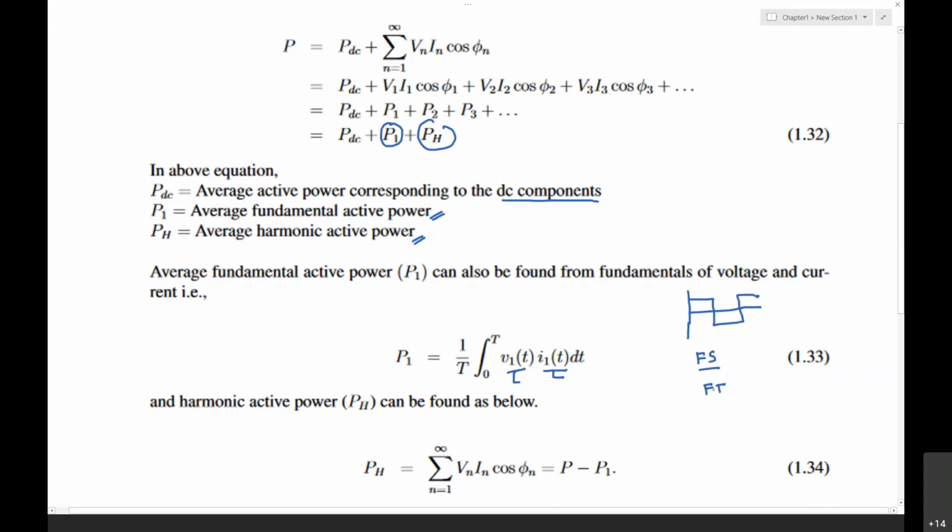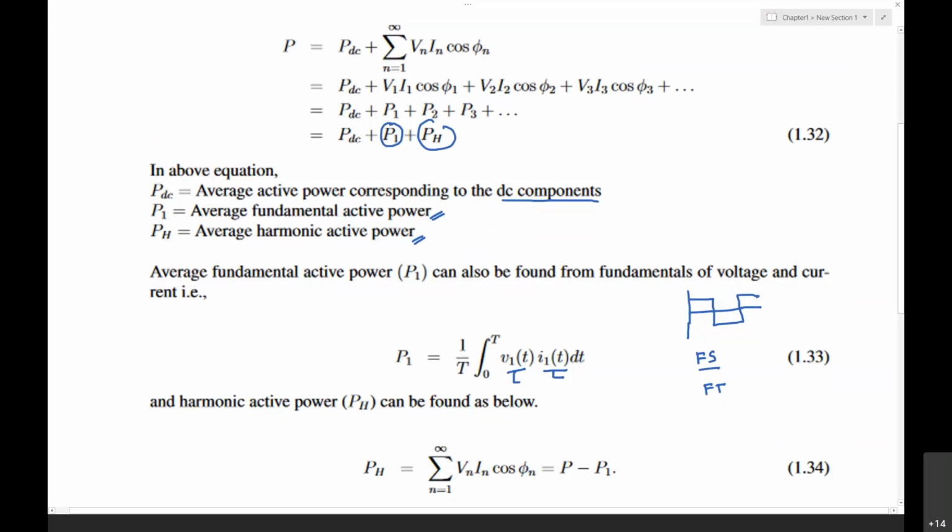There are other kinds of mechanisms, other theories that have evolved for extracting the fundamental values of voltage or current or any other signal. It's not only about the Fourier series or Fourier transform; there are other ways of extracting the fundamental values.